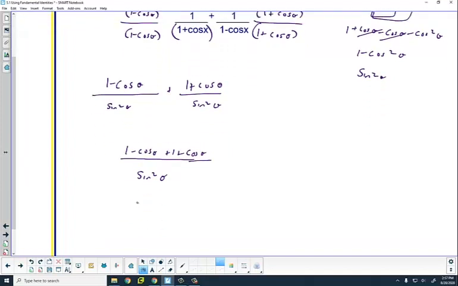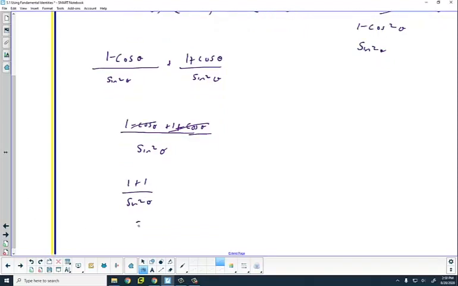All right, so what can we get rid of in the numerator? I have 1 minus cosine plus 1 plus cosine. What can cancel? And you should see that the plus cosine and the minus cosine can cancel. And I get 1 plus 1 over sine squared theta. 1 plus 1 is 2 over sine squared theta.